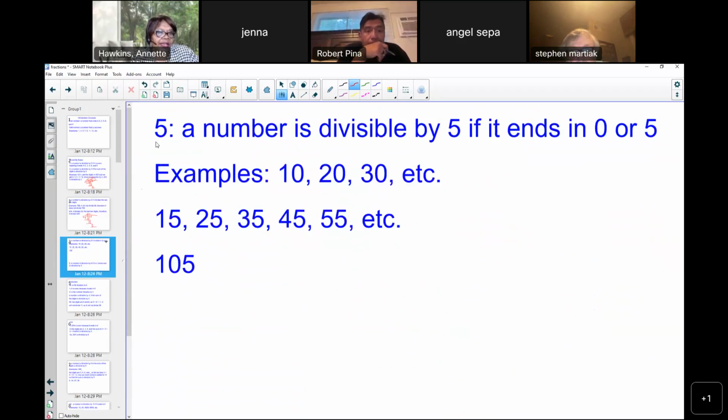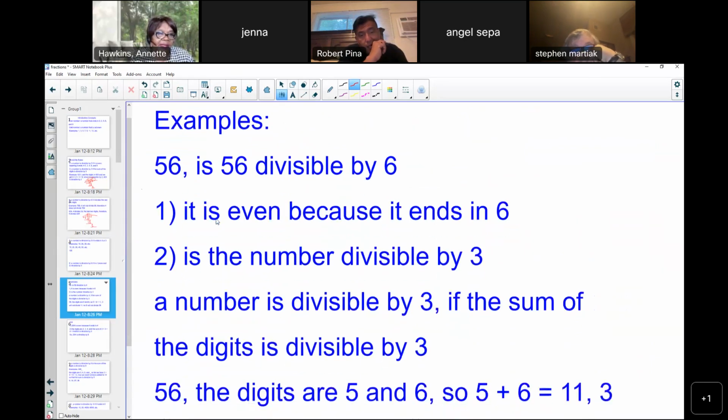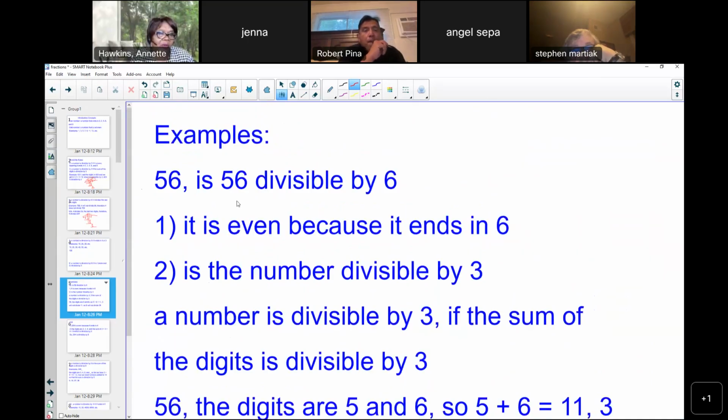All right, 5. A number is divisible by 5 if it ends in 5 or 0. Okay, you already knew that, right? So these numbers are divisible by 5 because they end in 0 or 5. All right, so 6.